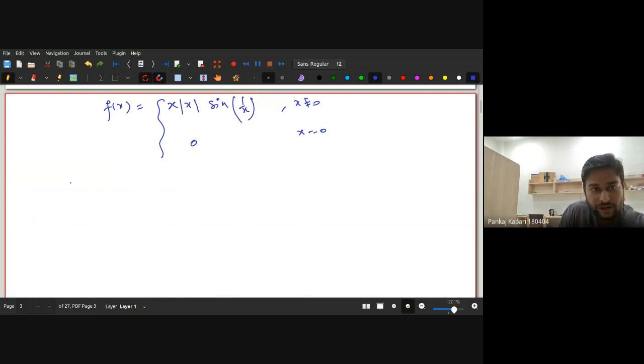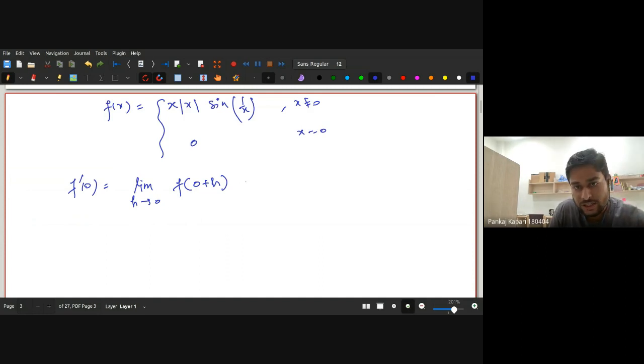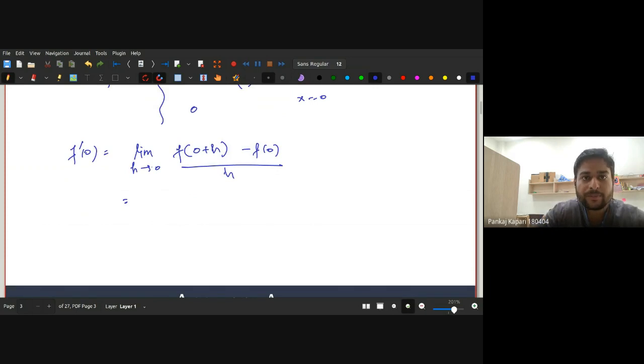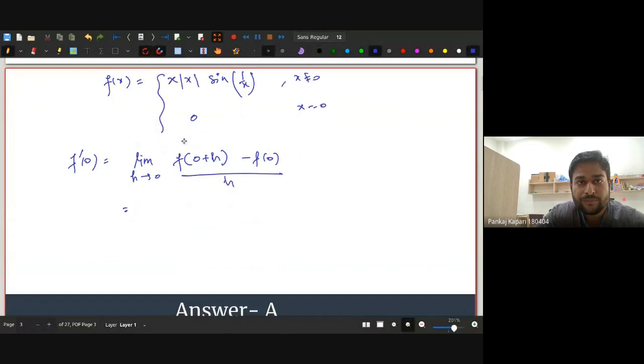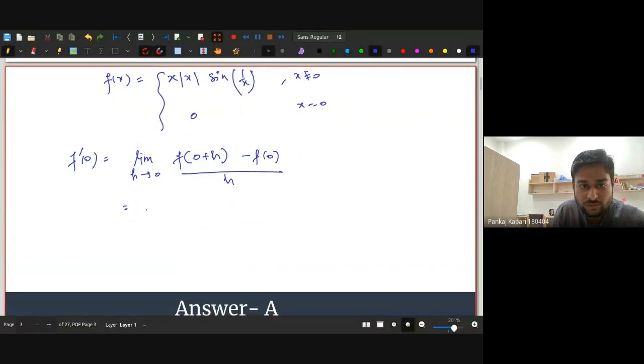Okay, so we have to find f prime of 0, which by definition is the limit h going to 0 of f of 0 plus h minus f of 0 divided by h, because we are finding the derivative at 0.